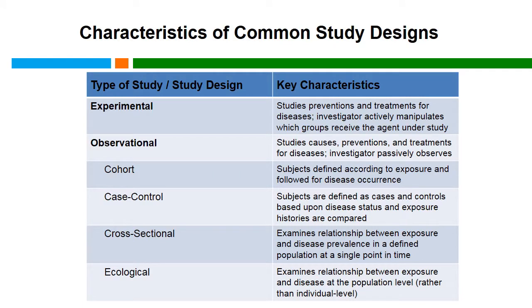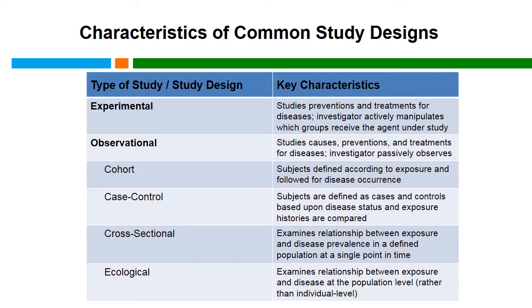So before we go into detail on each of these study designs, let's look broadly at some of the characteristics that differentiate the types of studies that we're going to use for our research. So starting with experimental studies, again, these are studies that look at prevention and treatment of diseases. The investigator, again, actively manipulates which groups receive the agent under study.